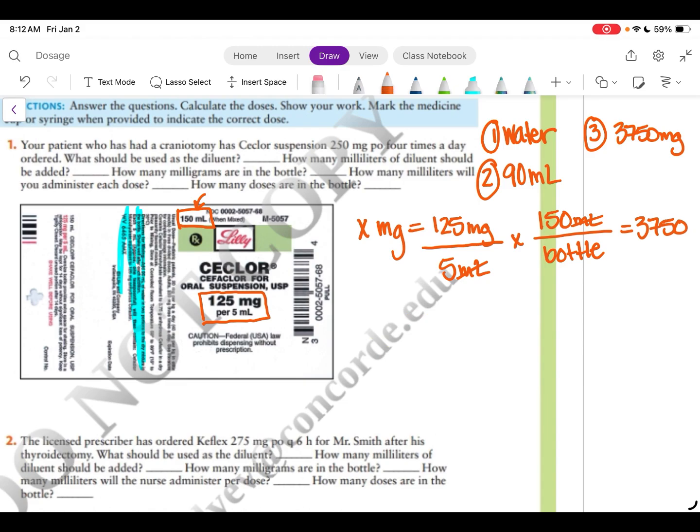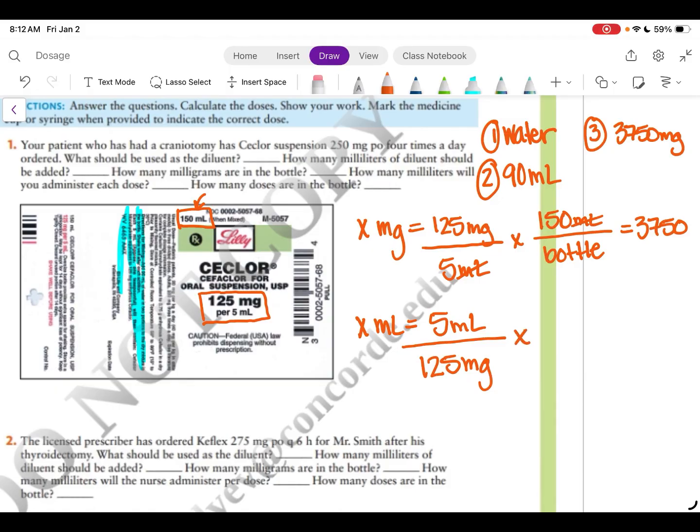How many milliliters will you administer each dose? Okay. So this question is like all the other questions we've already been solving in the previous chapters. You know, how many milliliters do you need to draw up for your patient to give them the dose that's ordered, right? So X mL, as we do, right? Again, you're going to use that dosage strength that we know, the 125 per 5. We're just going to flip it upside down. Okay.